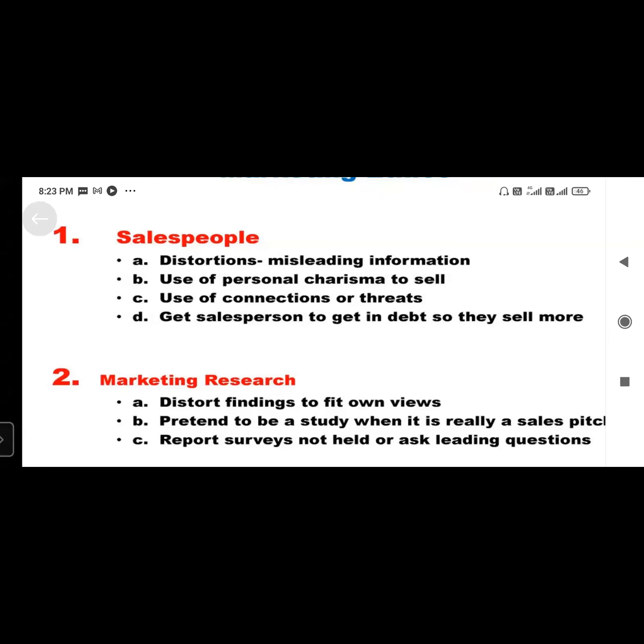Yesterday only we had discussed the advertisements. There are various advertisements related to cigarette or alcohol products or pan masala products. So all these are legally correct, but morally or ethically it is not correct.